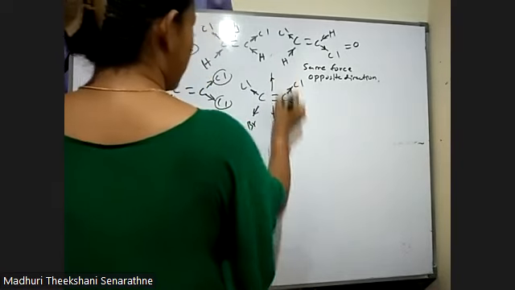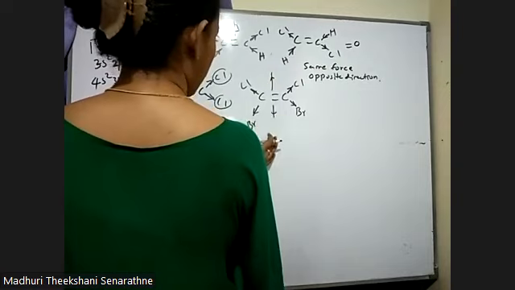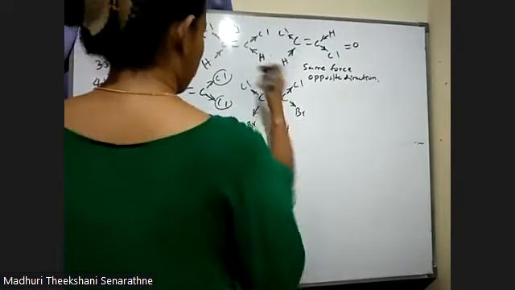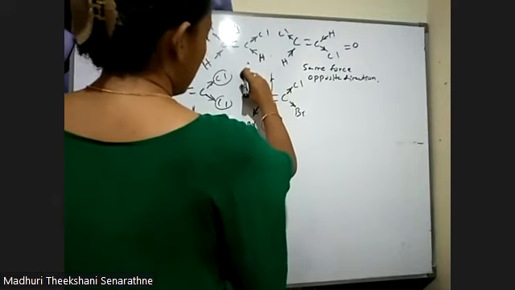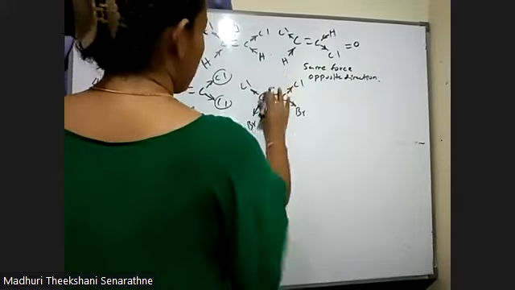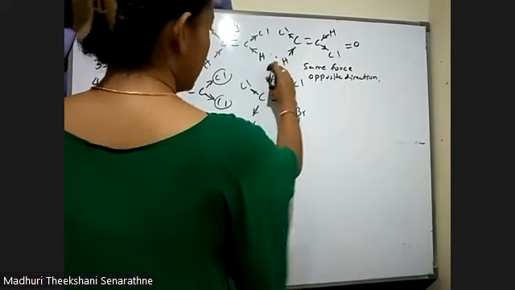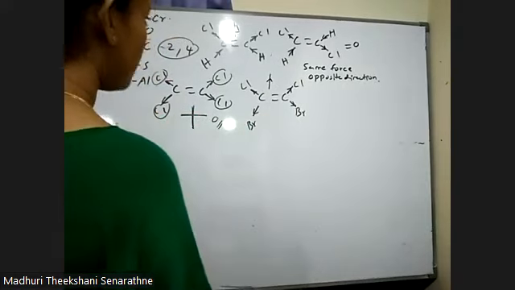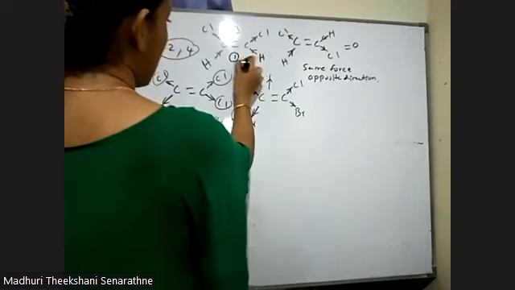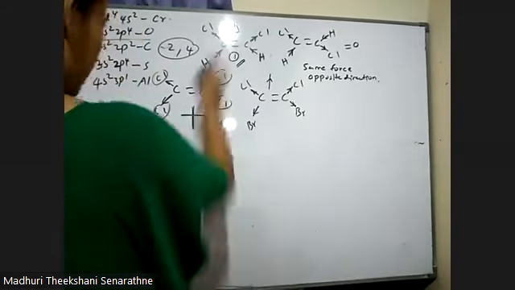We have to subtract the force by bromine from that by chlorine. Therefore, here also a net dipole moment is there, but not as much as this one. Up to now, this has the highest dipole moment.